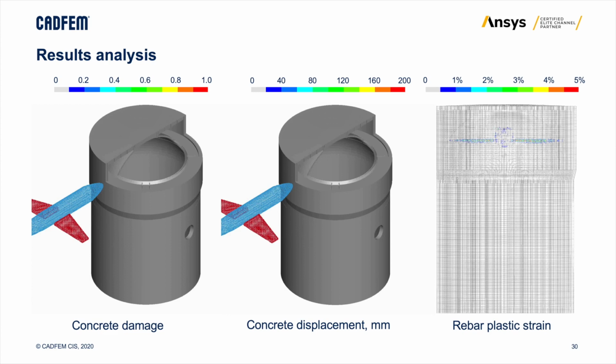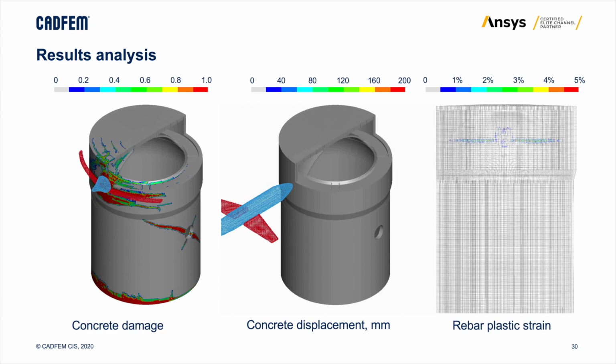First of all, concrete damage. This is a field of concrete strain softening after extreme loading. So if you see red concrete, this is concrete for which the peak capacity of the strength is reached, and this concrete could have some cracks.